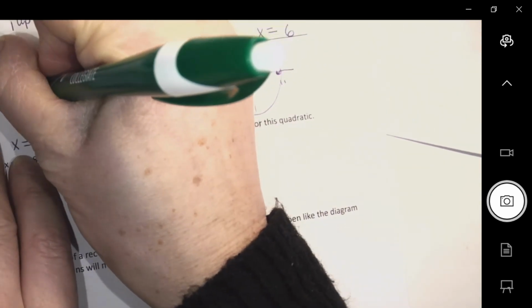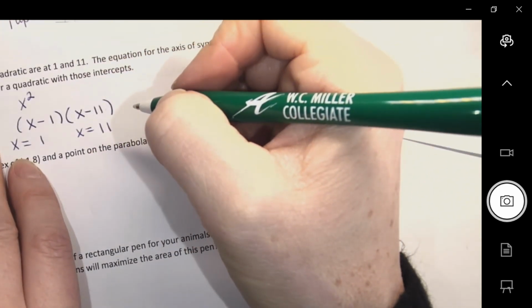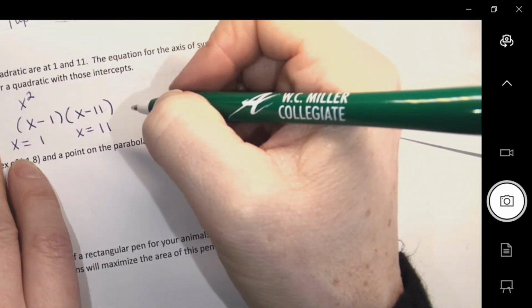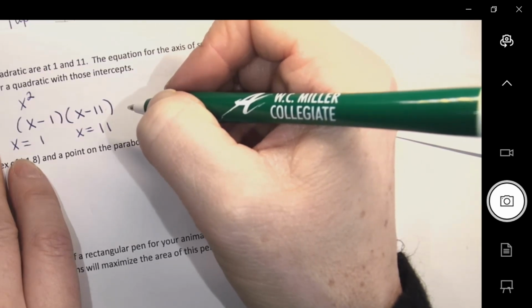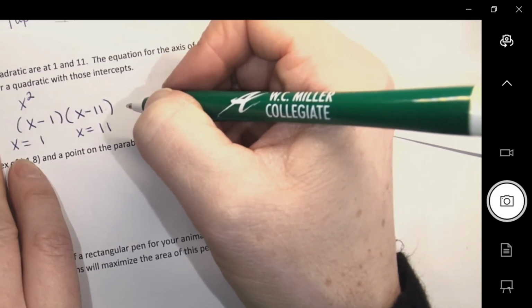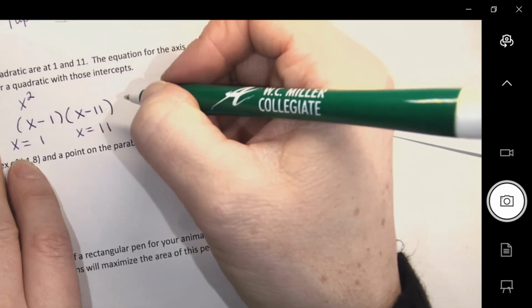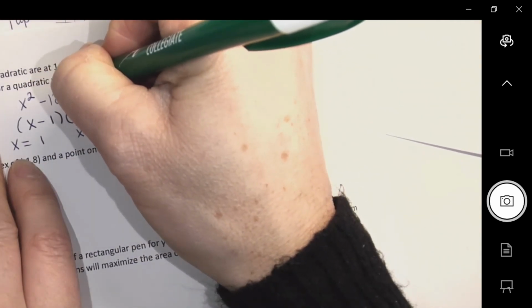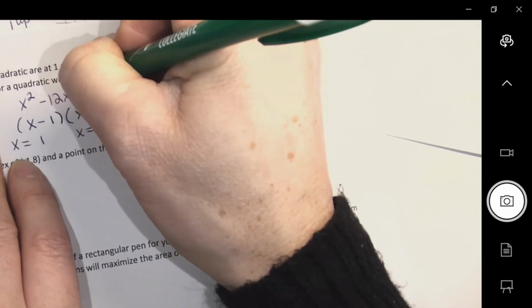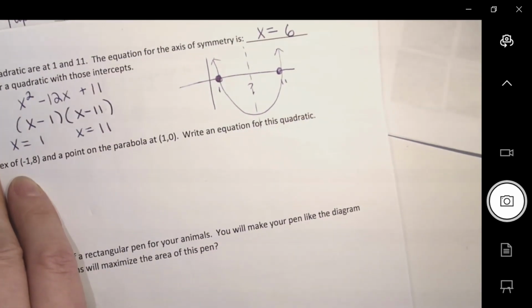So the trinomial would be x squared, how many x's? Negative 12x. And then what? Plus 11. Okay, that's just me foiling it, by the way, right?